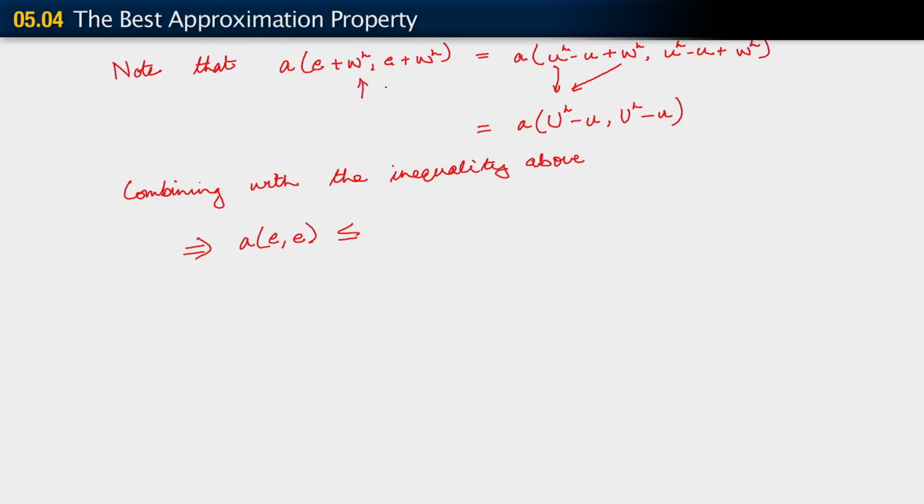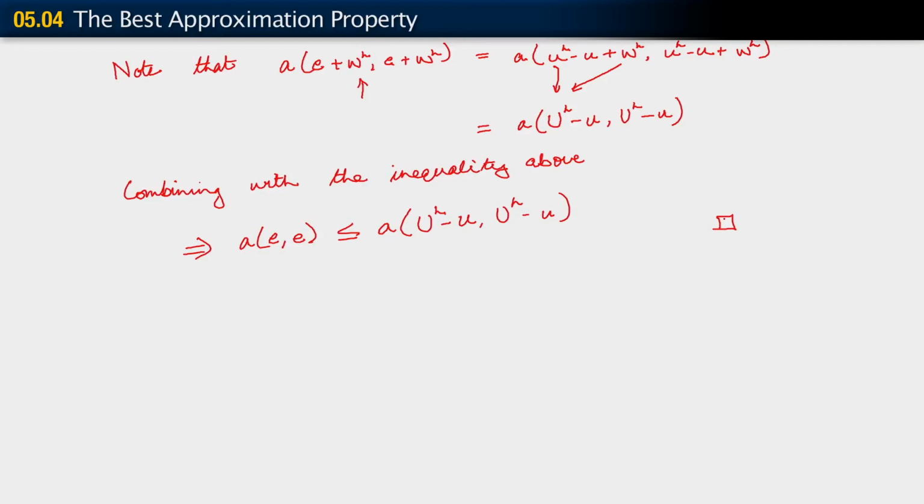Okay, well, that means it's also lesser than or equal to UH minus U, comma UH minus U. This is what we set out to prove. Okay, we're done. What we've done here is prove the best approximation property, right?